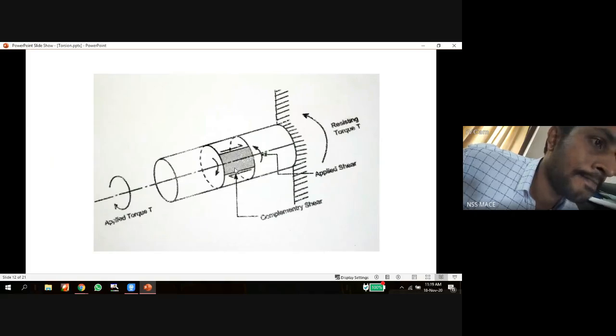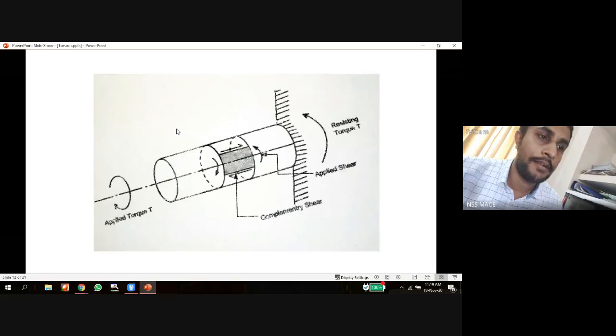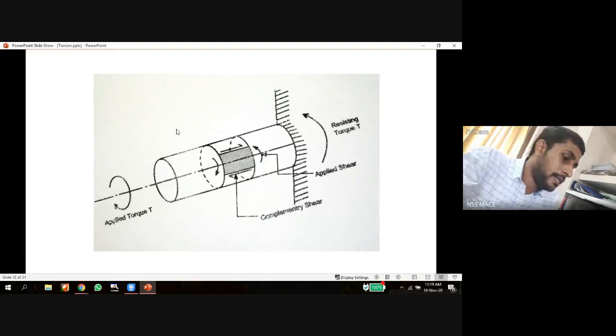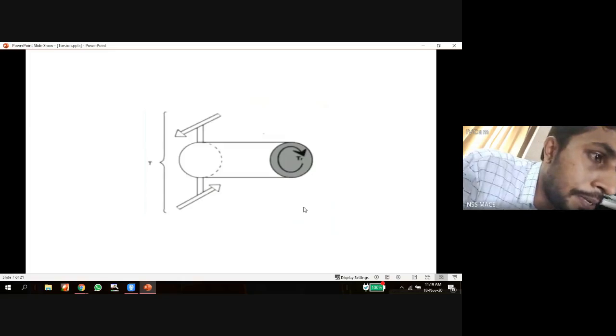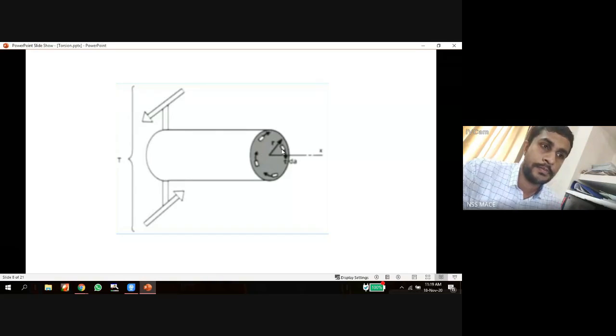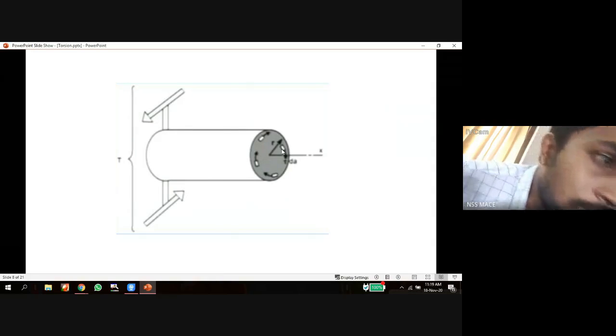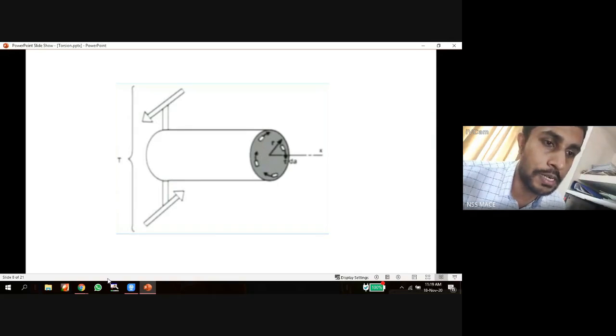Okay. Next we are going to derive a relationship between this applied torque and the shear stress developed across the cross section. In this picture, when we apply an external torque T, some shear force or shear stress is developed across the cross section.